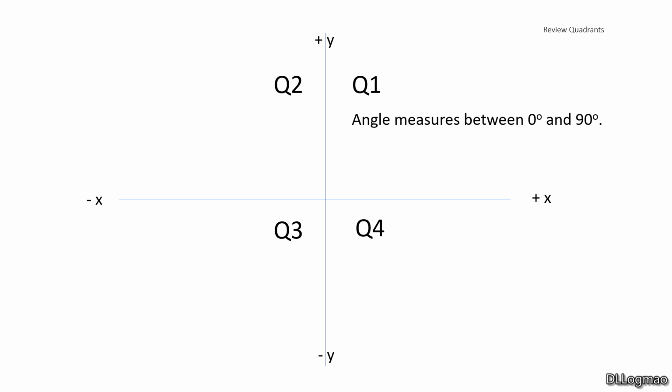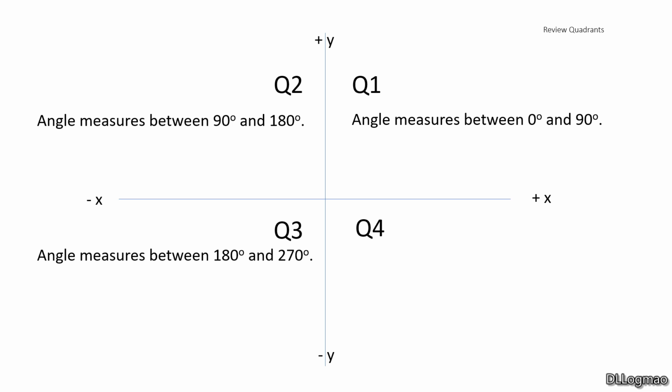The angles within the quadrants measure at quadrant 1 between 0 and 90 degrees, quadrant 2 between 90 and 180 degrees, quadrant 3 between 180 and 270 degrees, and quadrant 4 between 270 and 360 degrees.